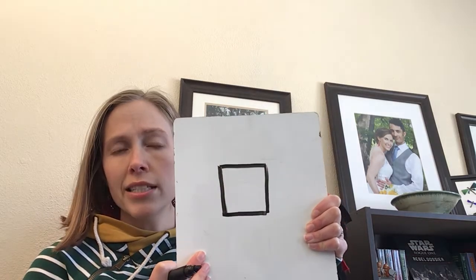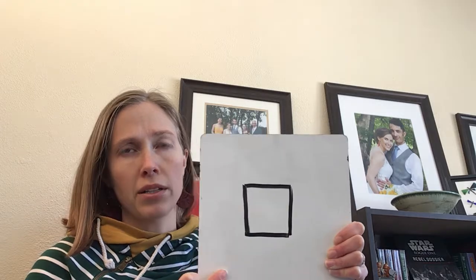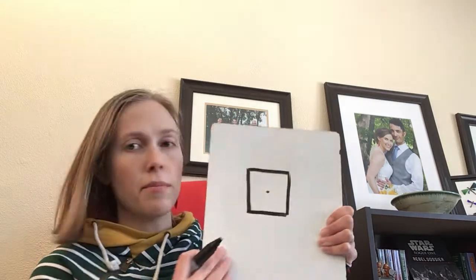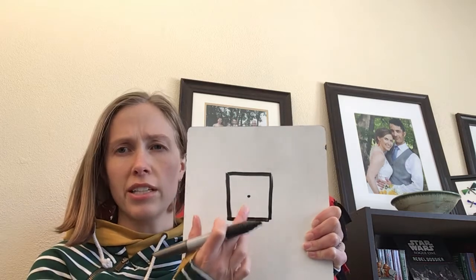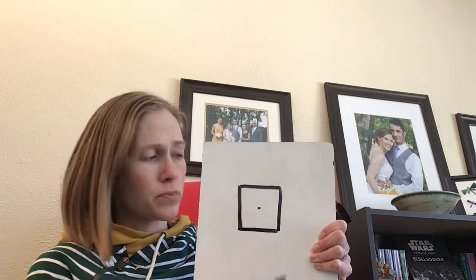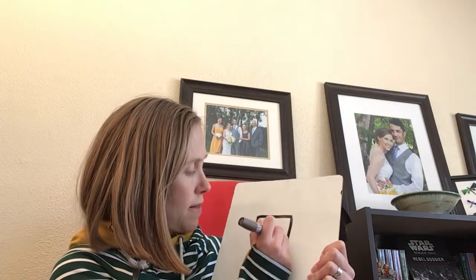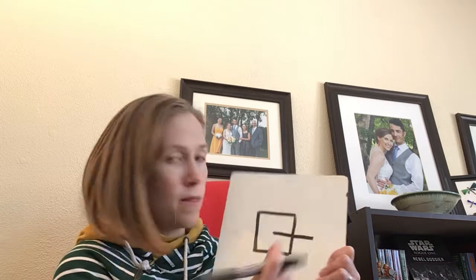Now I'm going to draw a second square, but it's going to start right in the middle of this square. So I can draw a dot here to help me remember. And now I'm going to start at this line and this dot, and I'm going to make my line about the same length as the side of this square here. Like that.